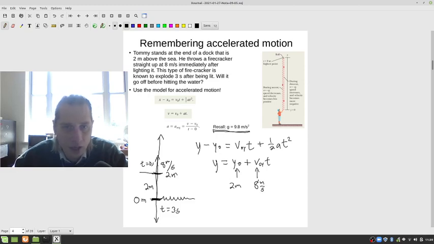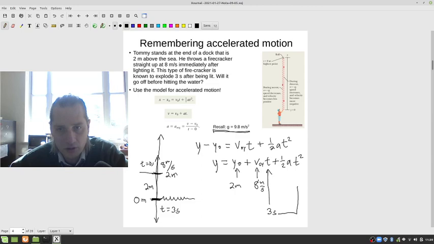And as it goes up, it slows down, and then it turns around and begins falling back down towards the water. And that's going to happen at time equals 3 seconds, the time at which we want to find our final position, plus 1/2 acceleration times t squared.